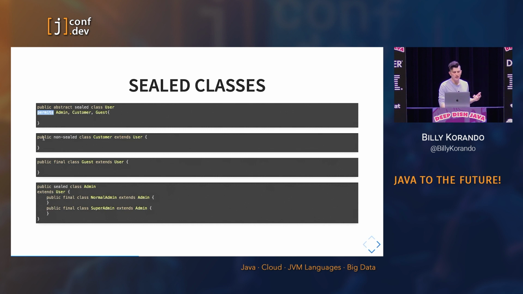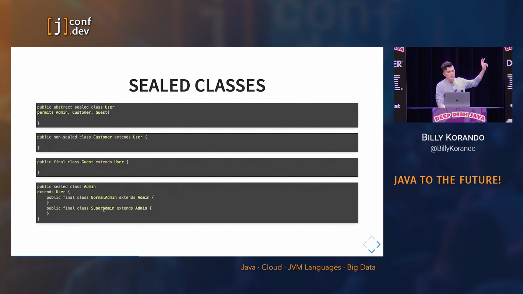And as I mentioned, each of these classes, Admin, Customer, and Guest, would either have to define themselves, in this case, as non-sealed, and non-sealed is actually the first example of a keyword including a hyphen, and of course it extends off of User. Guest, as I mentioned, was a final, extending off of User, and then Admin also extends off of User, and in this case, it's also a sealed class itself, and then it says, okay, NormalAdmin and SuperAdmin can also extend off of Admin.